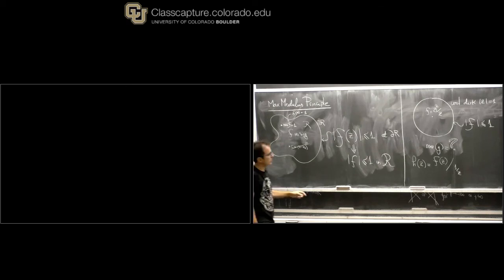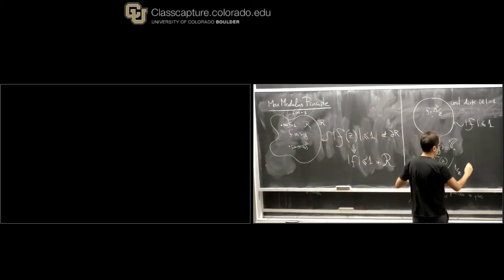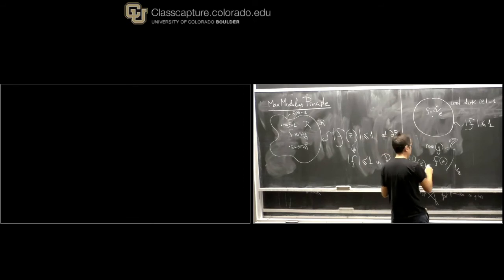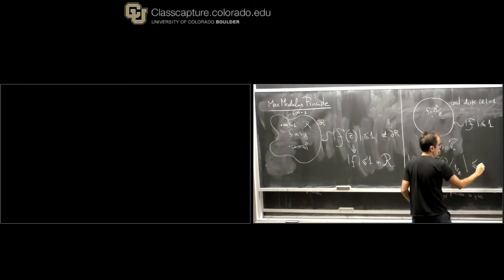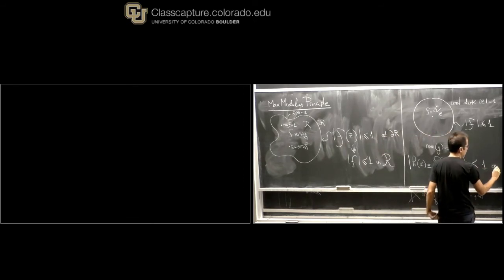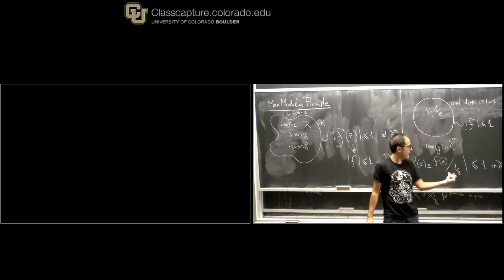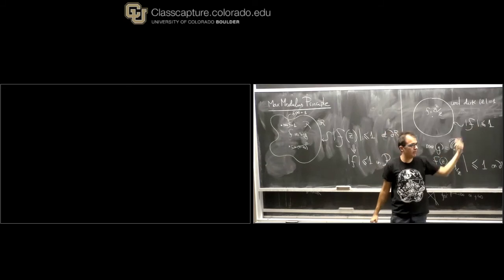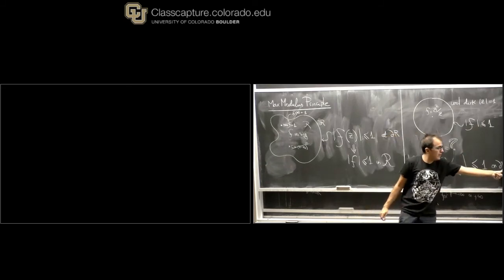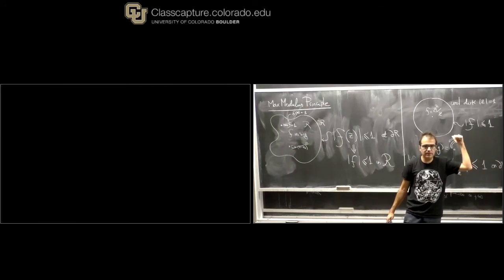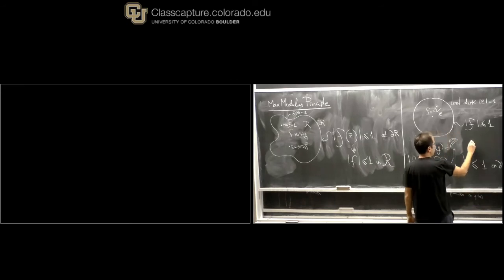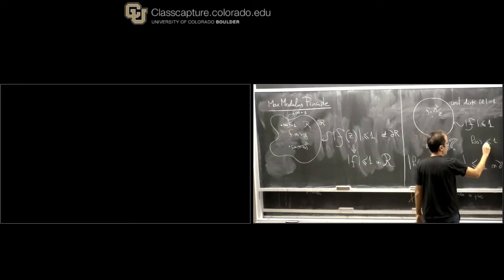So the absolute value of this function h is smaller or equal to 1 on the boundary of the unit disk, right? Because on the boundary, this is absolute value 1 and this one has absolute value smaller than 1. So h is smaller than 1 at the boundary and has no singularities. So h obeys the conditions that we set, right? So h of 0 in particular is smaller than 1, everywhere is smaller than 1.